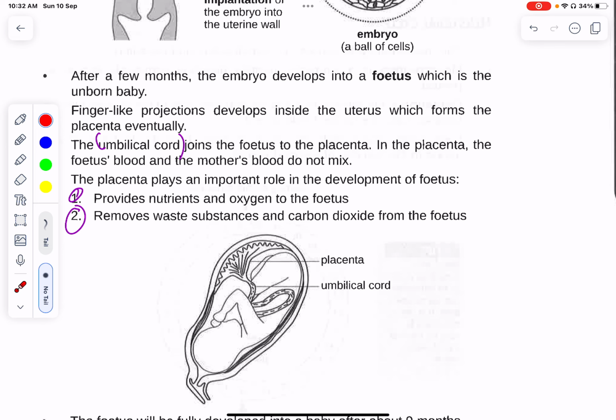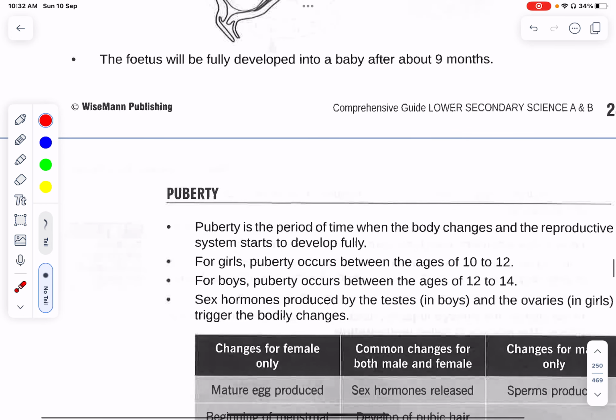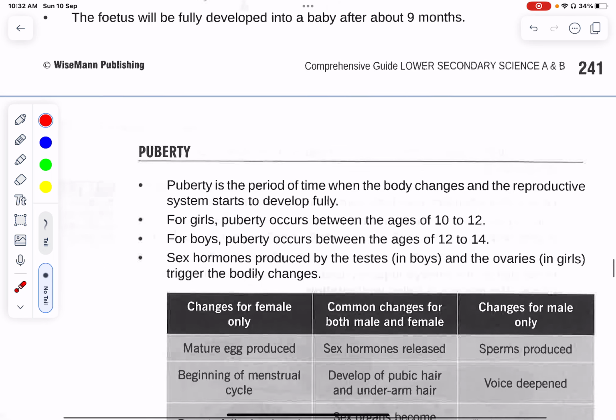But how does it get removed? This waste product is removed through the umbilical cord, I mean the placenta. Okay. And lastly, the fetus will slowly develop into a baby after 9 months.